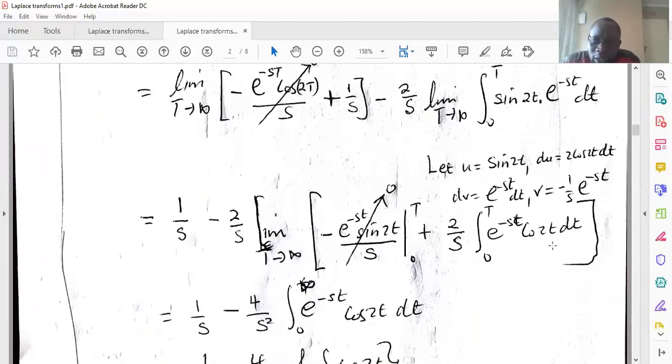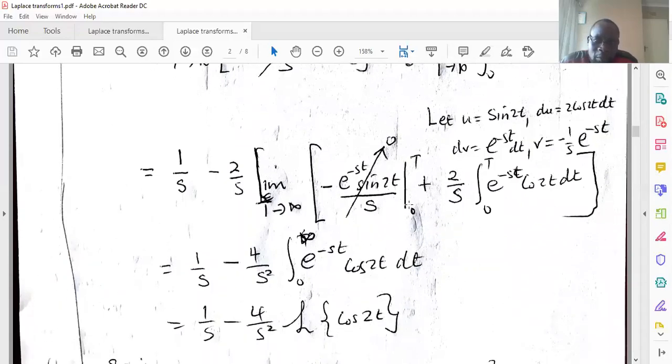So this is what we have, and then this one goes to 0 again by the same reasoning that I gave above. And of course, if you evaluate at 0, then everything becomes 0. So this whole component will go to 0.